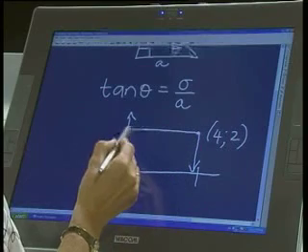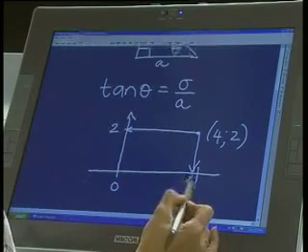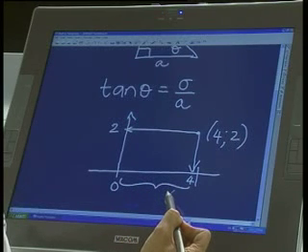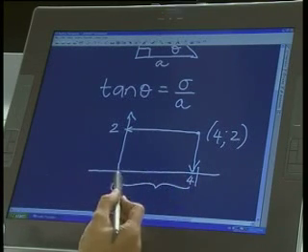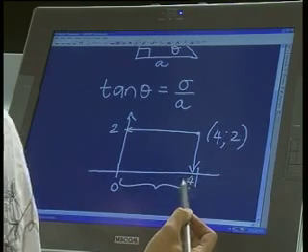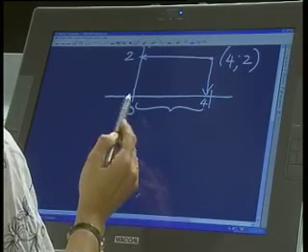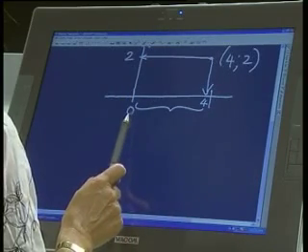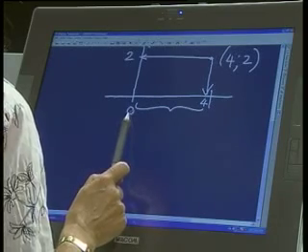What is the y value there? 2. How long is this distance between that and that? 3 units? How do you get 3 units? I start counting from the origin. But the origin starts at 0. The origin doesn't start at 1.